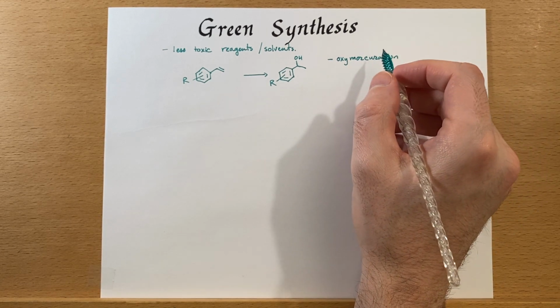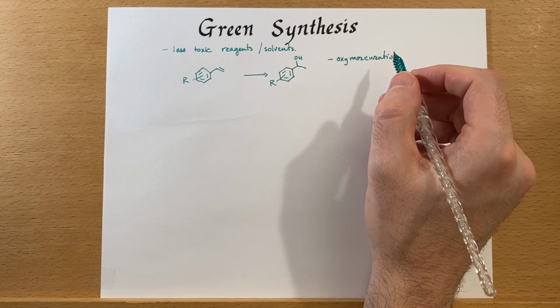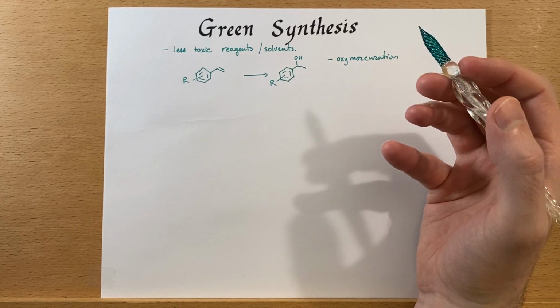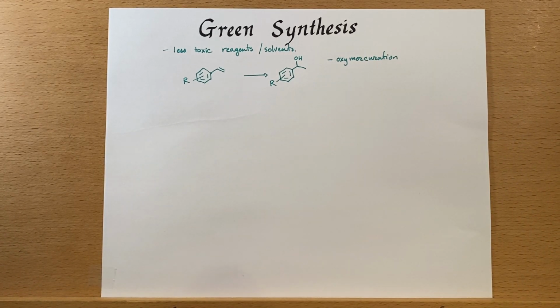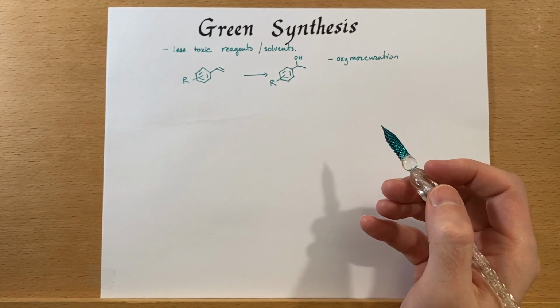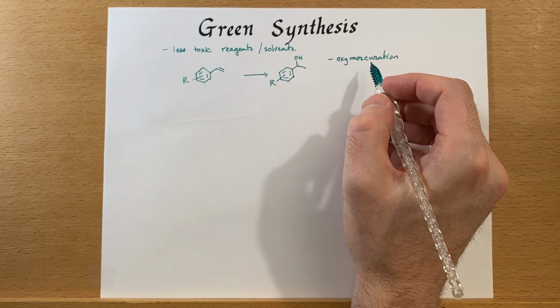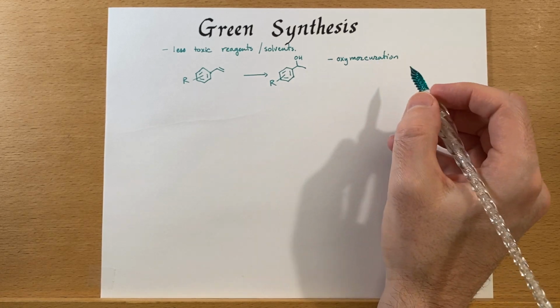Now, there are times when we'd like to use it, especially when there's a possibility of a rearrangement, and it could still be a good option, especially if it avoids us having to do another reaction or produces a much better yield, but it's not the best green option that we have.